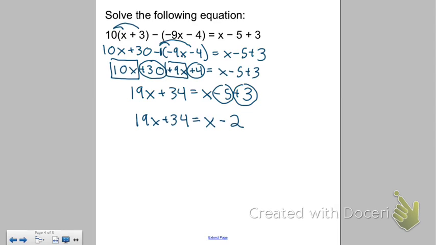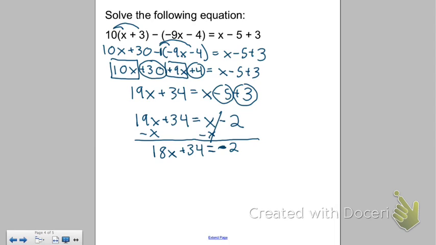I'm going to move my variables to the left-hand side. So I can subtract x from both sides. When I subtract x, 19x minus x is 18x plus 34 equals negative 2. X minus x cancels out.